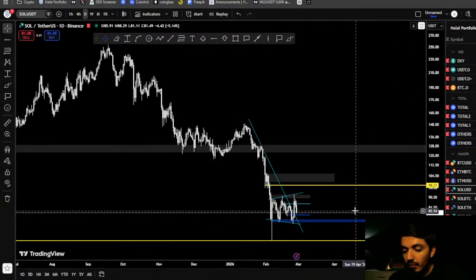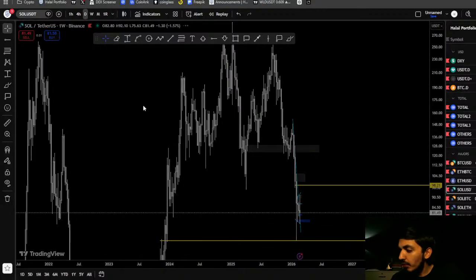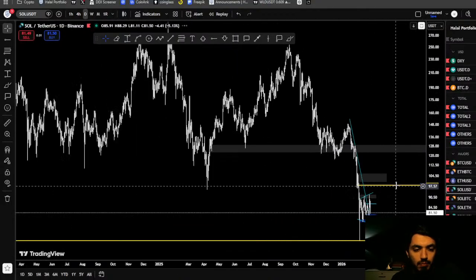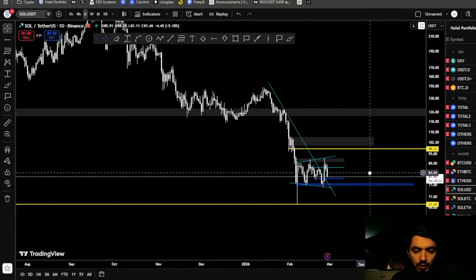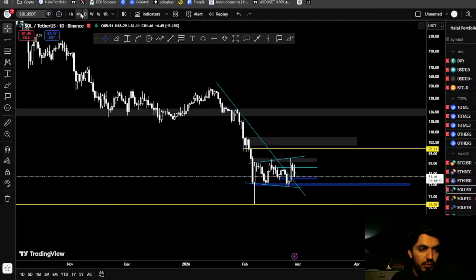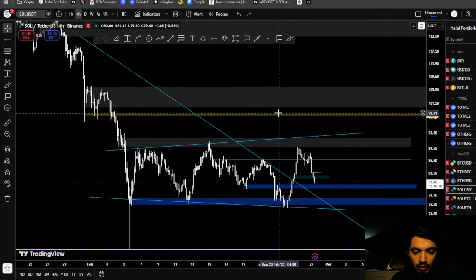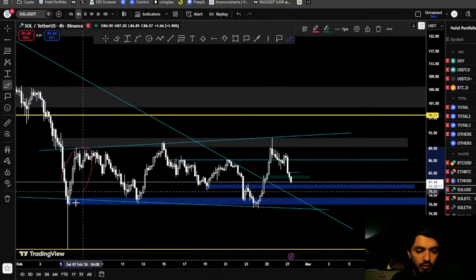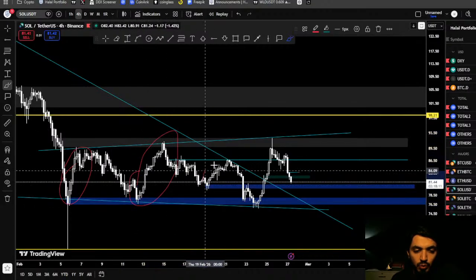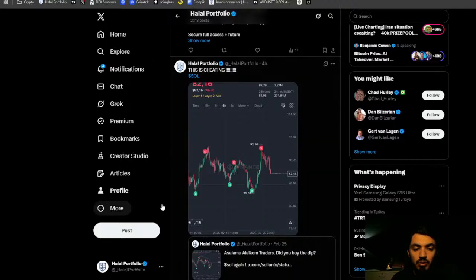Solana. Solana is the same. Now I showed you guys the chart of how I traded Solana. So yeah, I have basically traded every single move of Solana, exactly these places, if you see this.